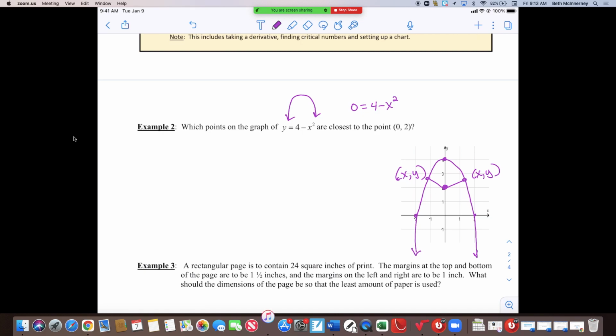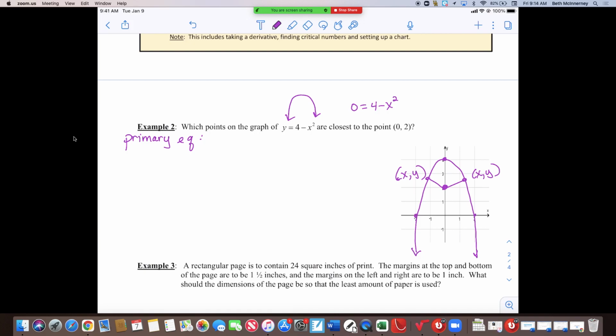So the question I have for you is, what am I trying to, and I'm actually trying to minimize, right? I'm trying to minimize here. I'm trying to minimize what? Distance.